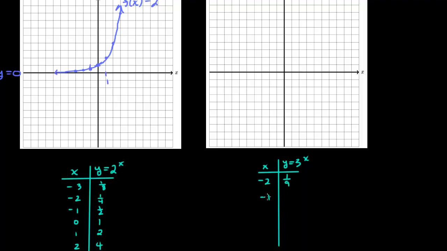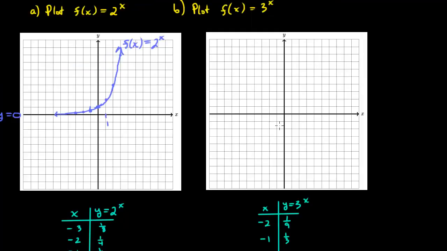When x is negative 1, 3 to the power of negative 1 is just a third. When x is 0, 3 to the power of 0 is 1. When x is 1, 3 to the power of 1 is 3. And when x is 2, 3 to the power of 2 is 9. So let's go ahead and plot these points.